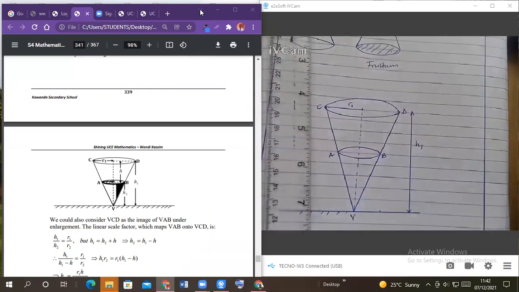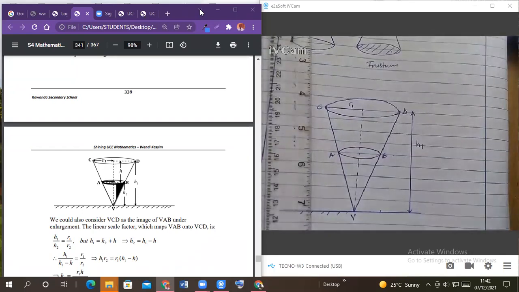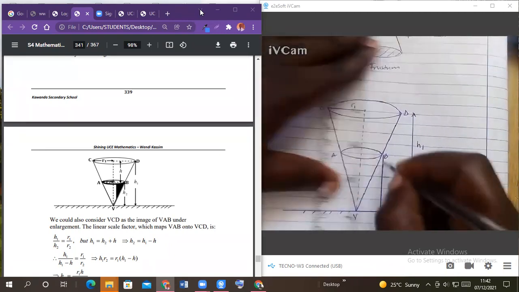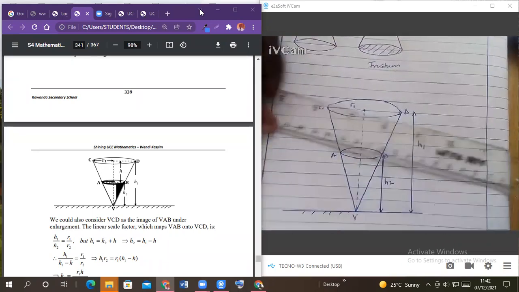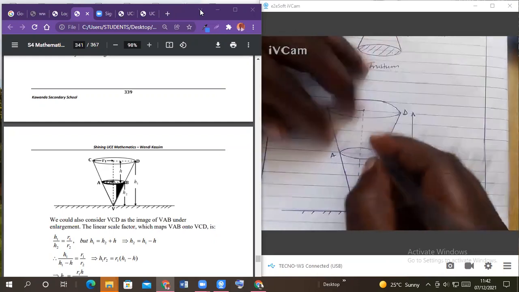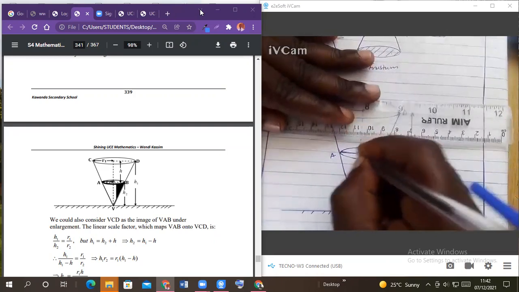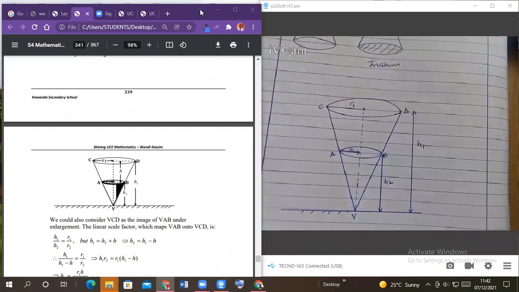That is the height of the bigger cone, and R1 is the radius of the bigger cone. Now the height of the smaller cone is H2, and the radius of the smaller cone is R2.